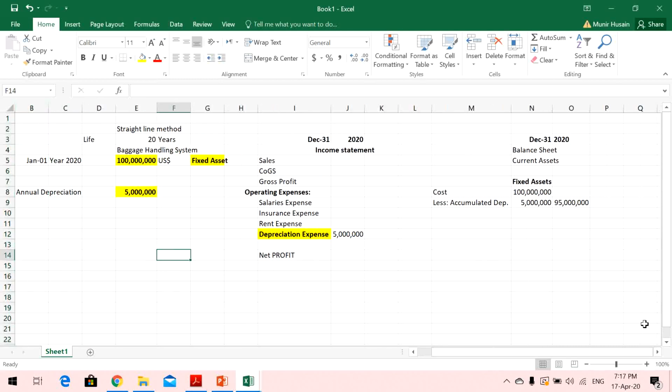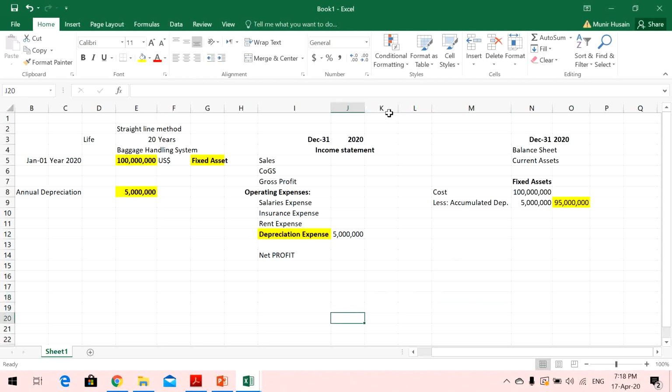So this is how it appears in our financial statements. Second, the depreciation expense appears in the income statement for 1 year. The purpose is to give users information that this baggage system was purchased at this cost, so far it has been depreciated, meaning it has been used, and as of today this is the value. This is how we calculate and show the depreciation.